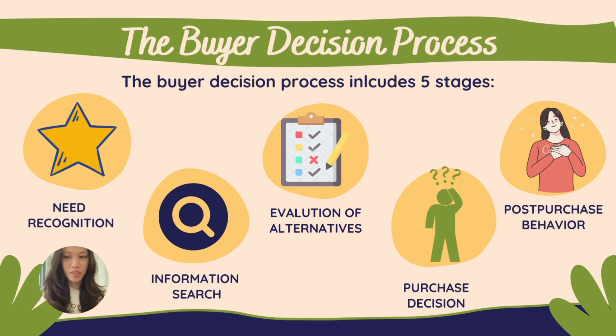Among the variety of different brands and alternatives, they are required to evaluate them to find the most appropriate product. After finally considering all options, the consumer will make a purchase decision. And the last step is the post-purchase behavior.